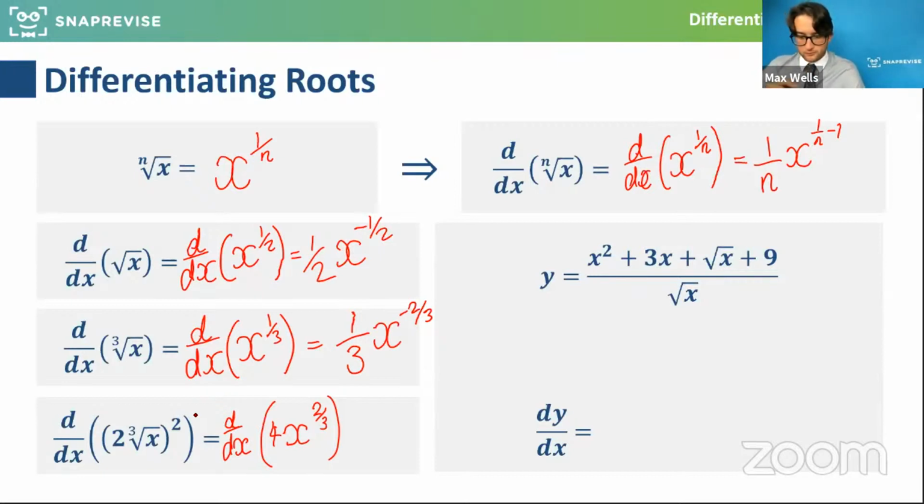So 2x to the third is being times by 2x to the third. So you're going to get 4x to the 2/3. Is everyone clear on that complicated way of writing? Then I can just do the same process. Times it by 2/3, drop the power by 1. So 4 times 2/3 is 8/3. There we go. X to the minus 1/3. Is that all right? Yeah.